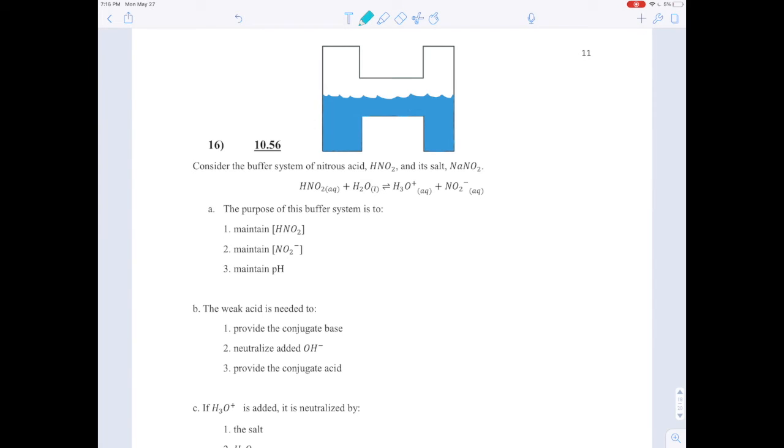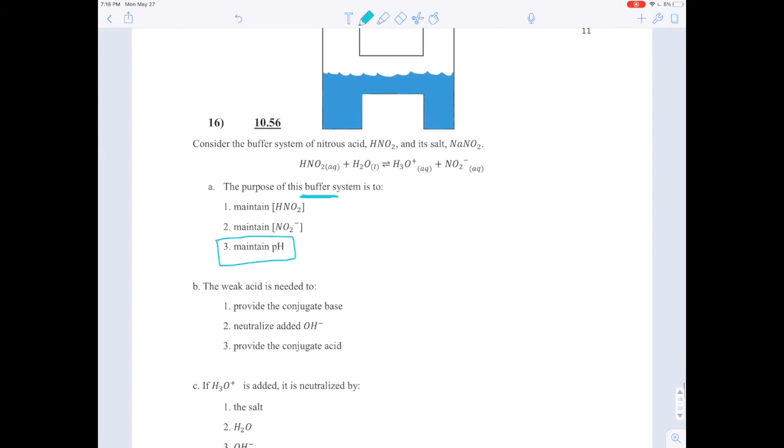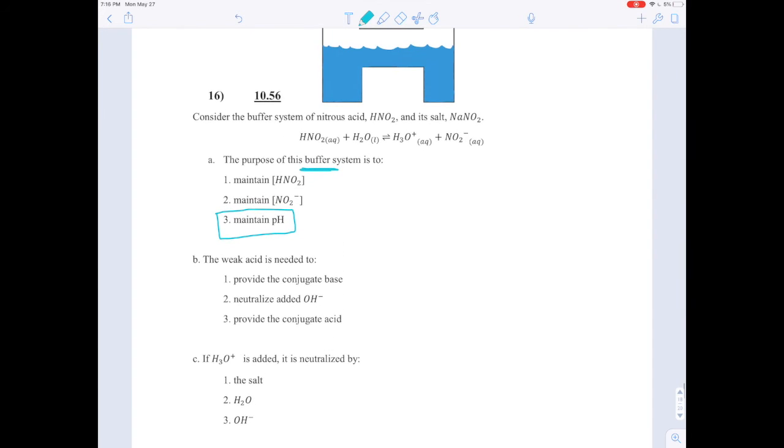So one thing you definitely want to remember, the purpose of this buffer system is to maintain pH. A buffer system keeps the pH of a solution the same so that it squeezes the stuff inside it in the same way so that anything inside it retains its shape and so continues to function in a living system.